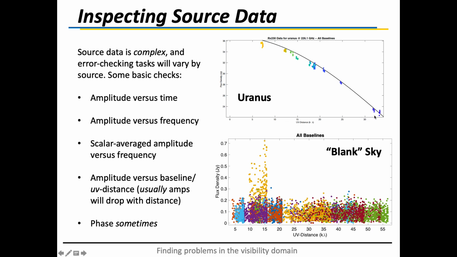That's not always true, and there are definite caveats to that. But it's a good rule of thumb for just checking the quality of a data set. And again, phase sometimes can be helpful. You just have to be very careful with it. More often than not, I usually won't look at phase at all, because it's not very helpful in detecting problems, particularly on noisy data sets.